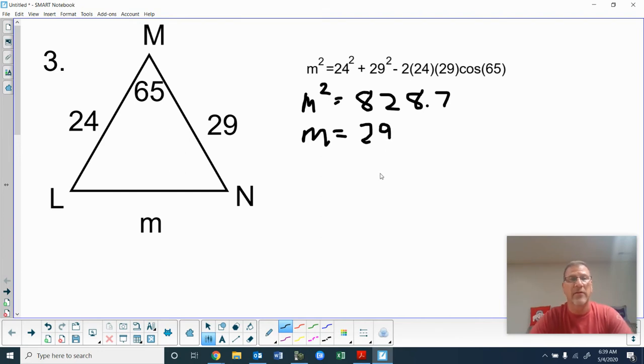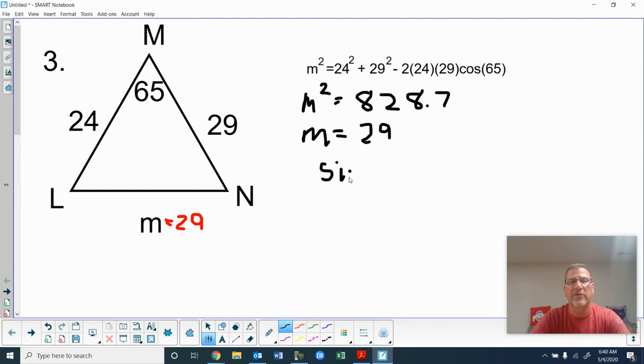Okay, we'll do it in a different color here. Okay, so now we're going to use law of sines to find the smaller of the 2 remaining angles. Again, the shorter side's 24, so the smaller angle would be angle N. All right, so we're going to use our law of sines.